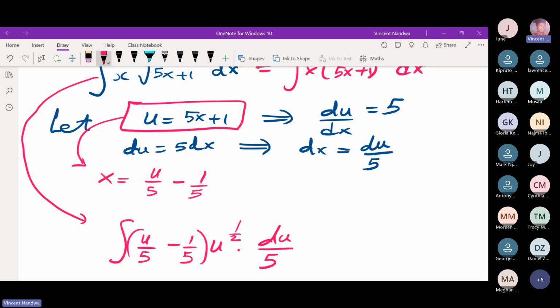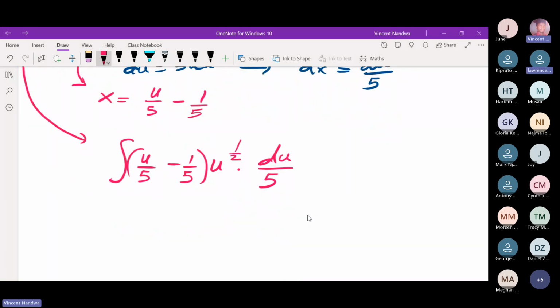From that point, can you be trusted to finish it up? Okay, so let's just finish.